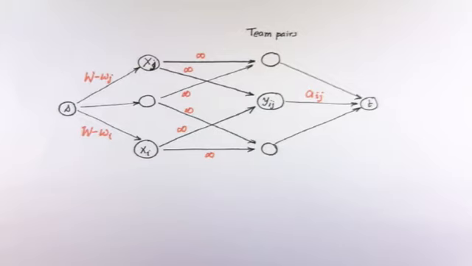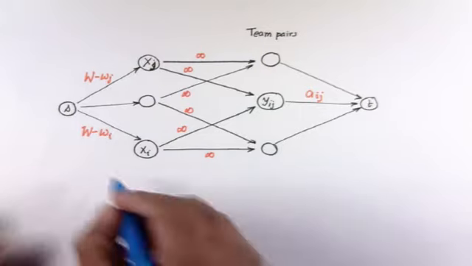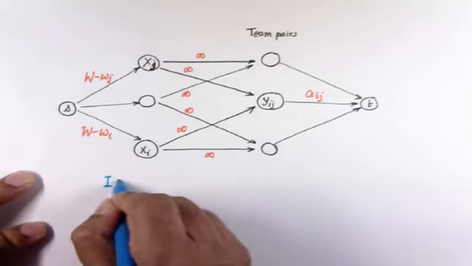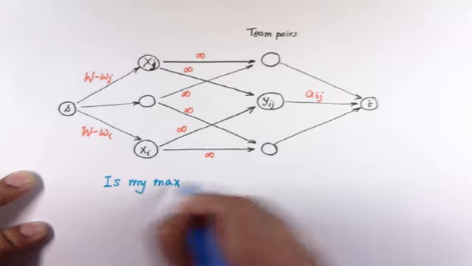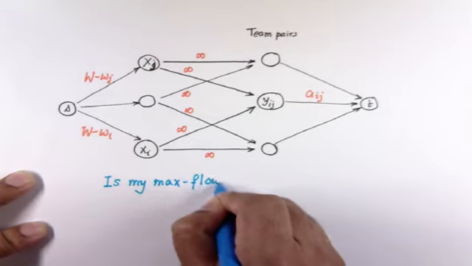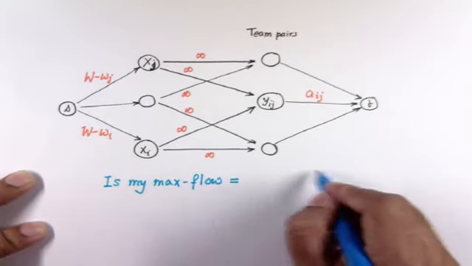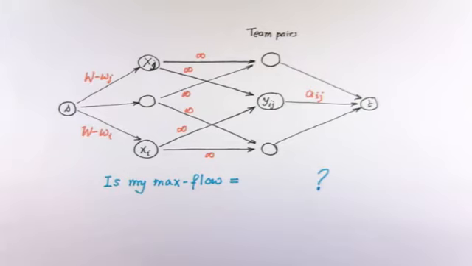So, can you tell me that once I find the max flow, what am I going to compare that with? Because if you can tell me what I will write there, then I will understand that you have all understood what is happening.